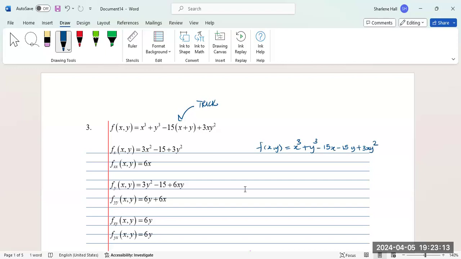Look at that and tell me if you agree with that. Yes, sir. That was just done to trick you. So negative 15 open bracket x plus y is the same thing as negative 15x minus 15y. Okay, sir, got it.